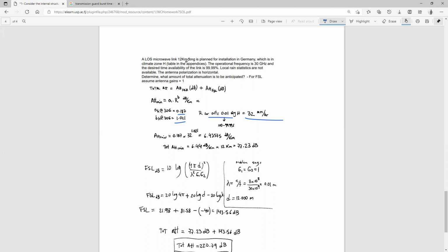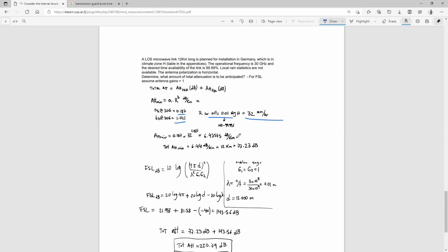We know the distance between the transmitter and the receiver. The line of sight is given as 12 kilometers, so the distance of propagation of the signals will be 12 kilometers. In order to find the actual attenuation, the total rain attenuation is given by 6.44 decibels per kilometer times the distance, that is 12 kilometers.